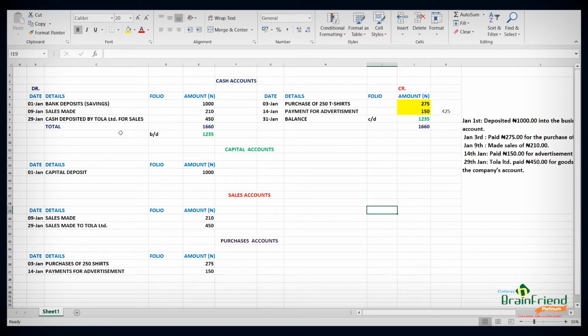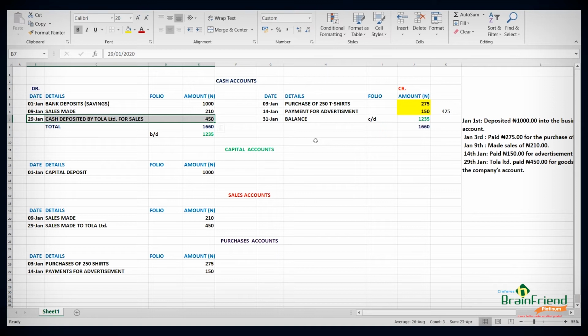As such, we record it in the debit side. As you have it, 29th January, cash deposited by Tola Limited for sales, 450 naira. With that, we have keyed in our data of transactions made by this firm into our cash account.